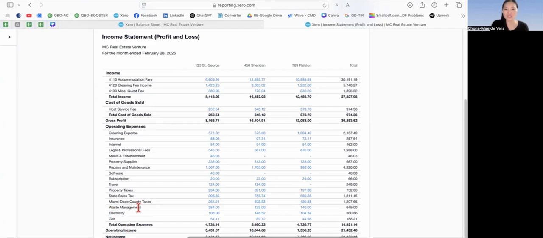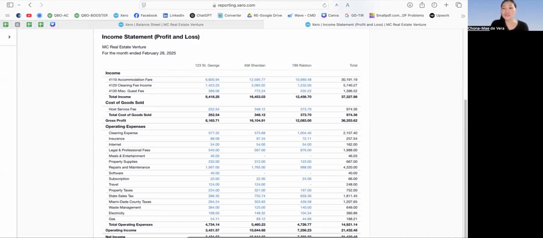So we have the waste management for each property, the electricity, and the gas. You also mentioned that we should monitor the electricity of Sheridan to see the effect of the jacuzzi installed there. The only difference is around $40. Maybe it's really because of the usage of the jacuzzi.